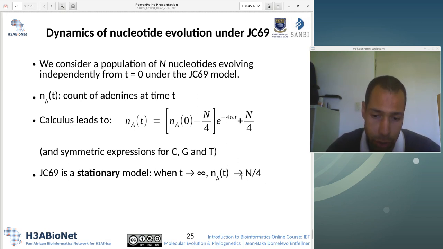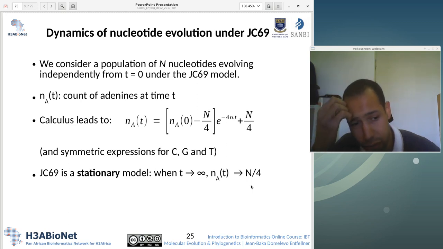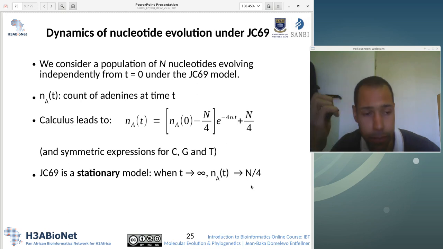So that's what we call pi subscript A for this model, okay? Pi is the letter that we use to describe the values of the stationary equilibrium frequencies of nucleotides.